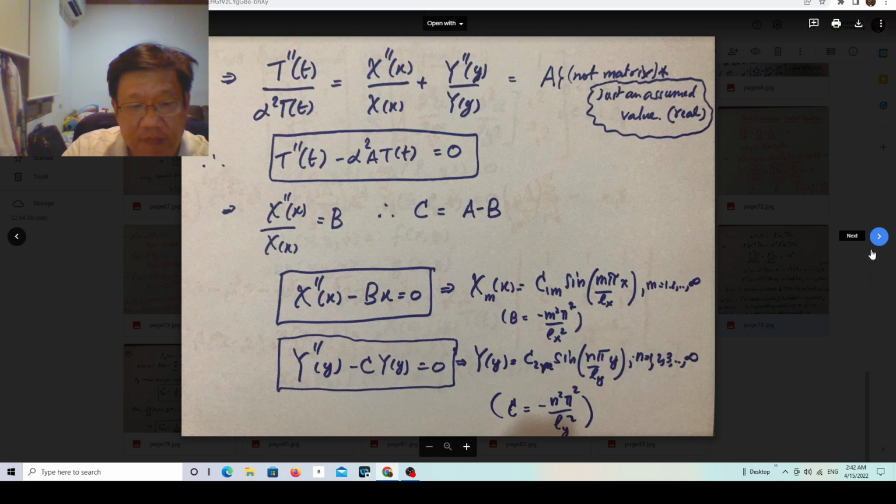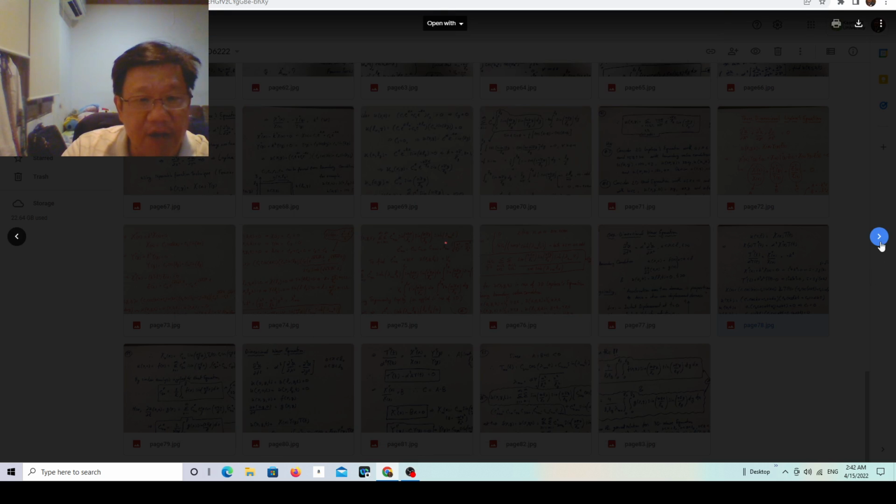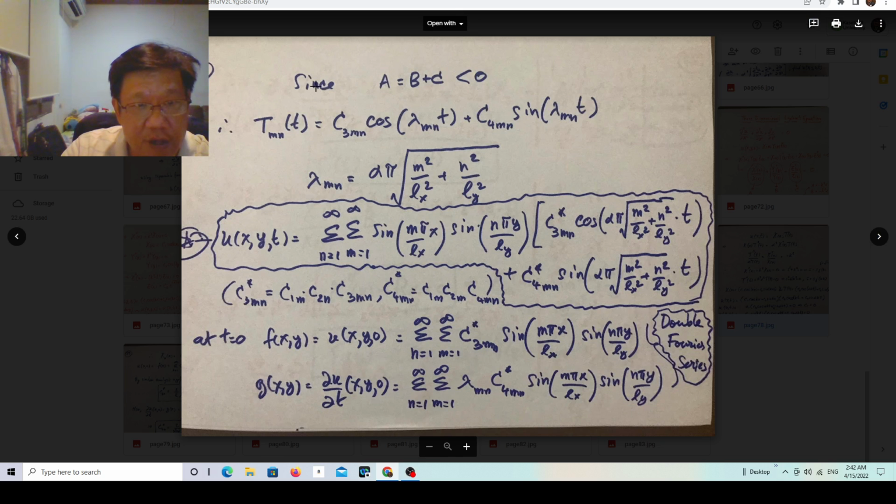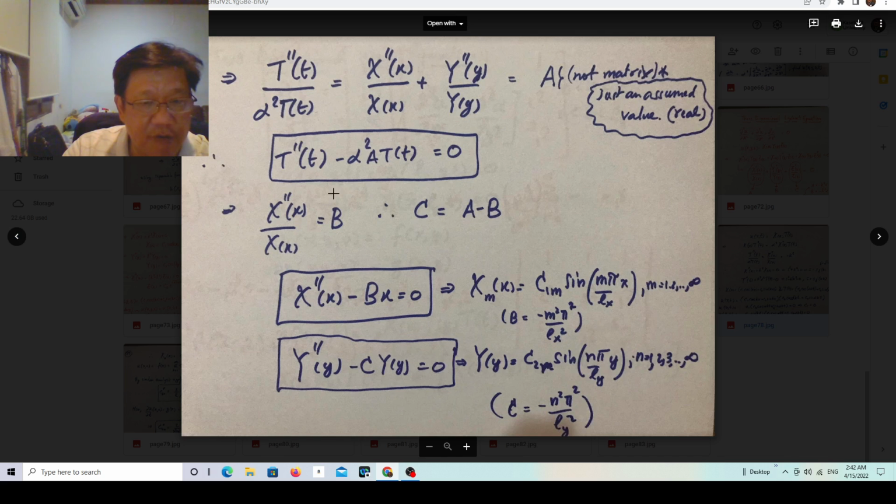So this is the solution here, and now we're going to try to find the general solution for t. Since a is equal to b plus c, and b plus c is a negative value, as we've seen before, therefore t sub n has to be this one, because a is a negative value. When a is a negative value, this has a complex conjugate root with zero real part.